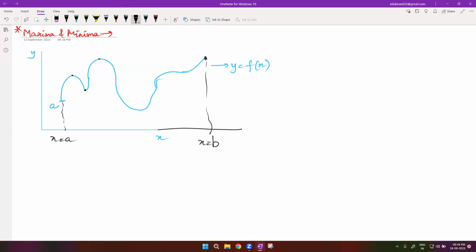And I will tell you what these points are called, and how you can understand these points.